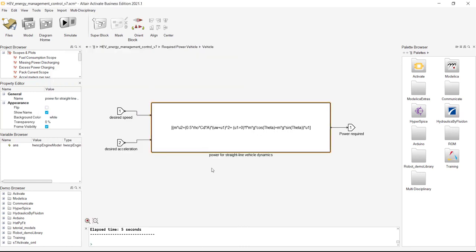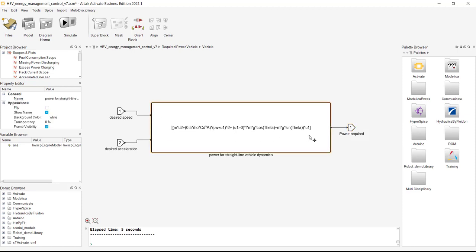And then if we look at this equation here, we see there are two signals coming in: the desired speed, which is coming straight from our driver, the driving profile that we want to maintain. So our desired speed and desired acceleration. These are going to be two values used in this equation to output the power required.